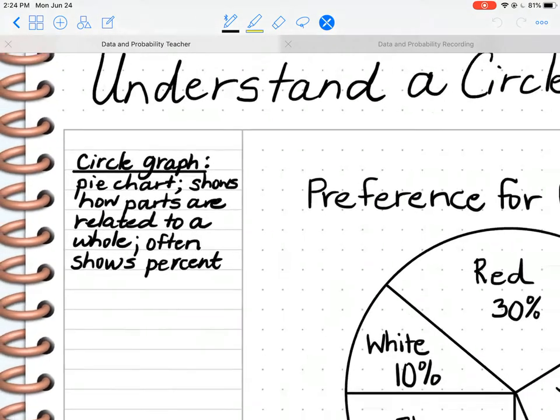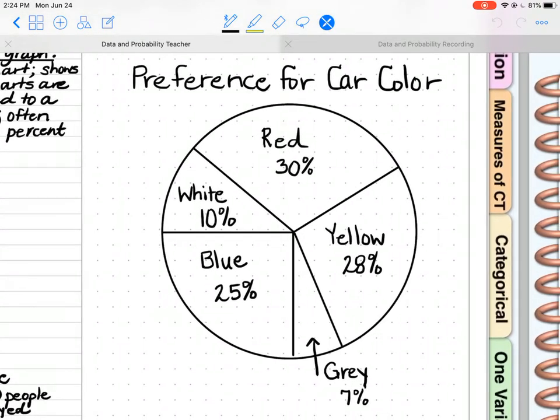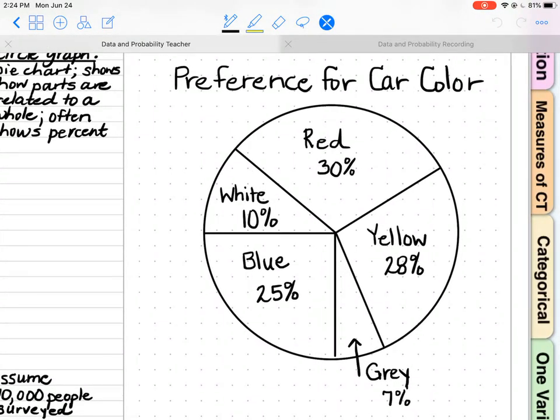Let's take a look at this particular graph that shows the preference for car color. Maybe I work for Ford Motor Company or Chevrolet, and we are doing a survey about people's favorite car colors because we're trying to decide which cars will sell more readily.